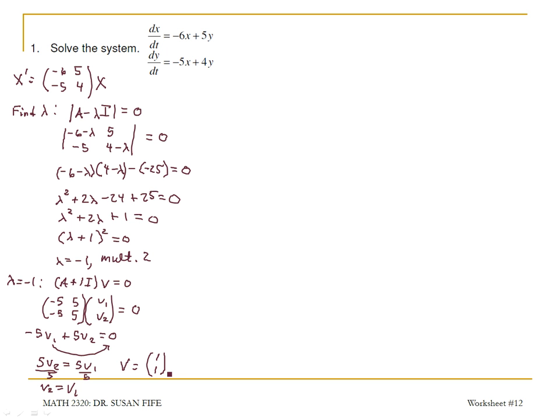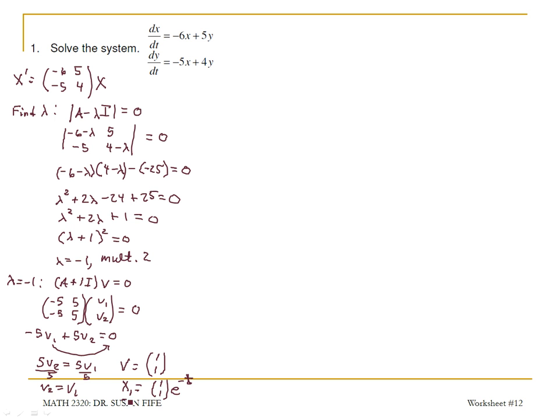If you have fractions, choose a number to get rid of the fraction. So v is equal to 1, and we have one solution, which is our eigenvector times e to the lambda t, where lambda is -1.